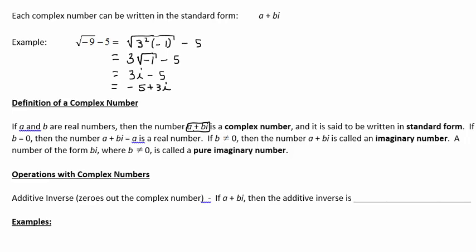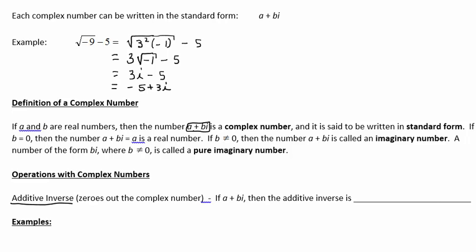All right, let's look at this first piece of information. Additive inverse. So what is an additive inverse? It means you're going to be adding. Inverse means you're undoing. An additive inverse zeroes out the complex number. So it's basically thinking, what can I add to what I'm given so that I get 0?